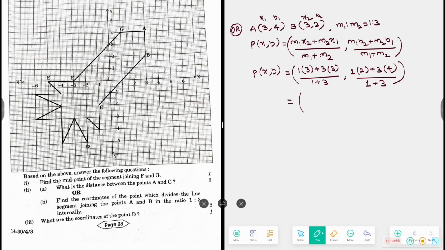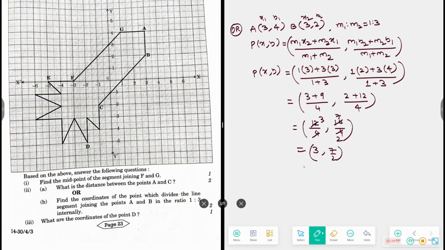Then that will become 3 plus 9 by 4 comma 2 plus 12 by 4. So it is 12 by 4 comma 14 by 4, which is 3 comma, after cancellation, 7 by 2, or we can also write 3 comma 3.5. This is the OR question, internal choice question, 2 marks.